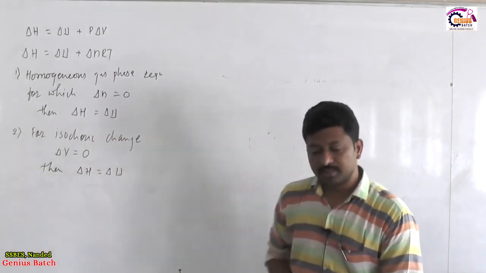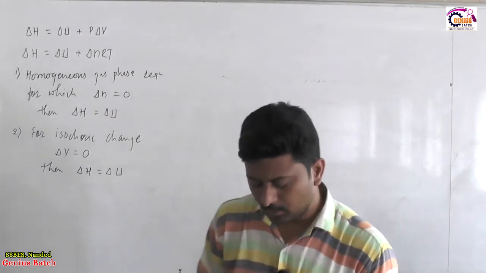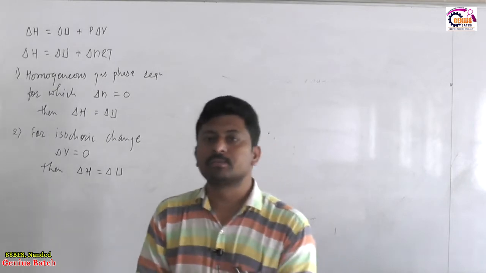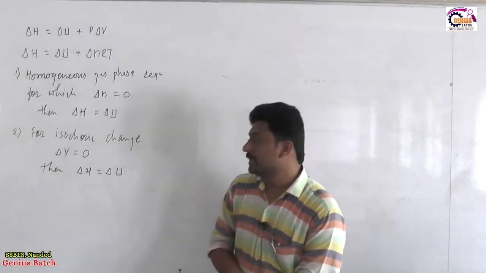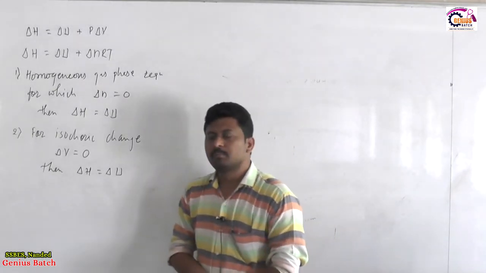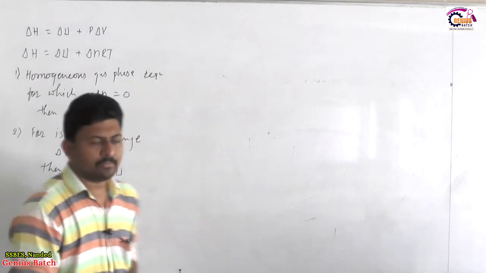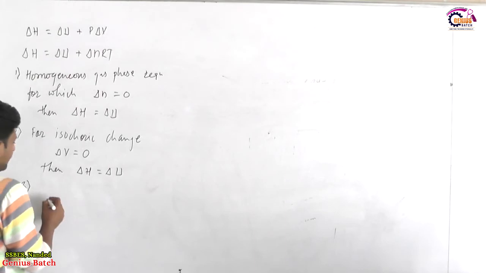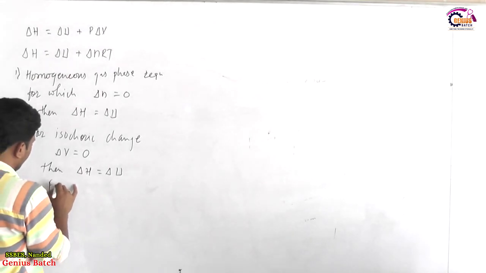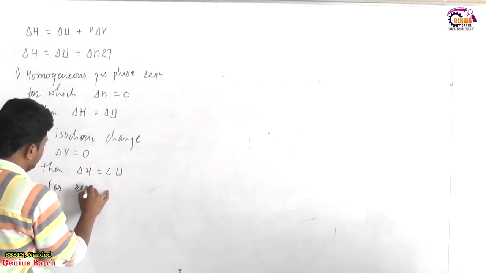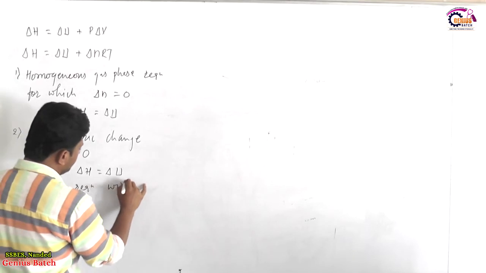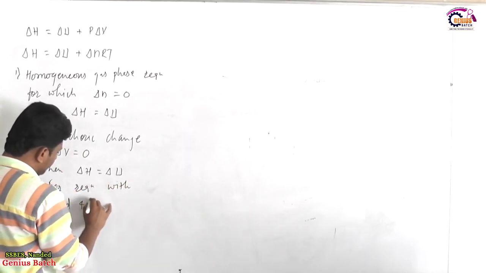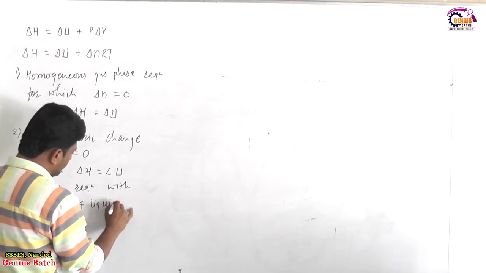When it is a gas phase reaction conducted in a closed rigid container of a fixed volume, then delta V becomes 0. But instead of a gas phase, suppose it is a reaction with solid and liquid components only.